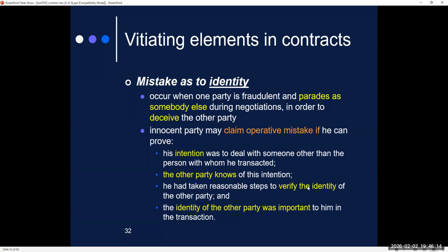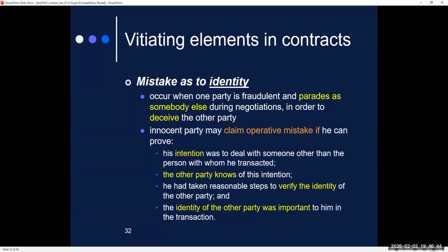He has to diligently check, for example, ask, who are you? Are you actually that superstar? May I have a look at your ID card? This and that. Verify, try his best to verify the identity. And the identity of the other party was important to him in the transaction. So whether that guy is really that superstar is important to the transaction.